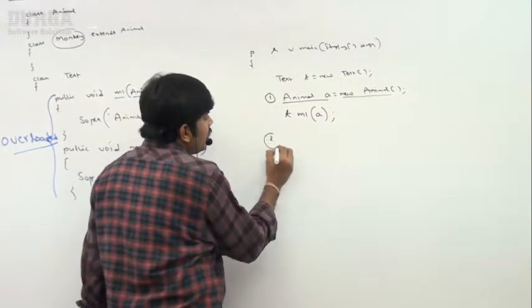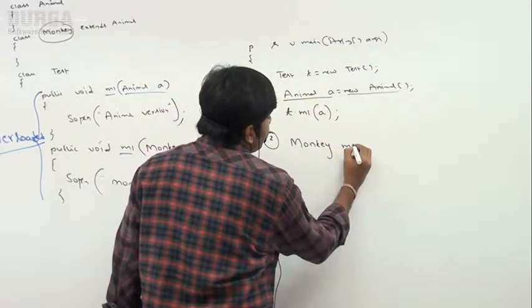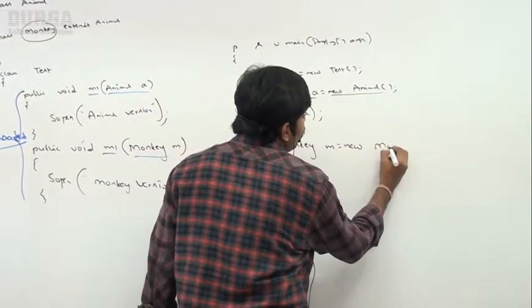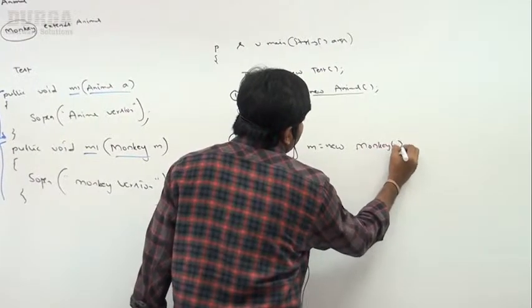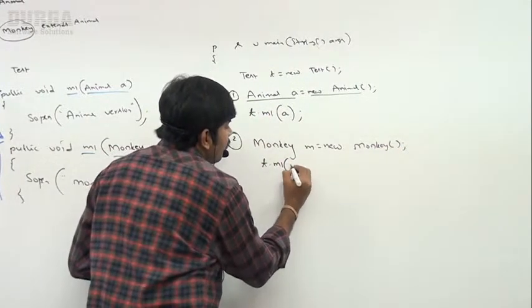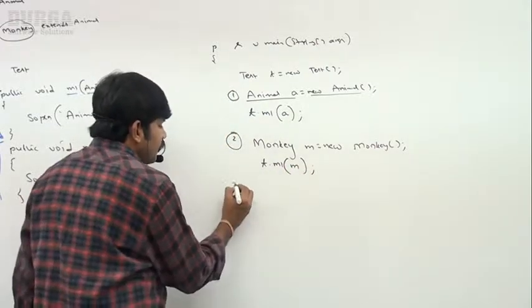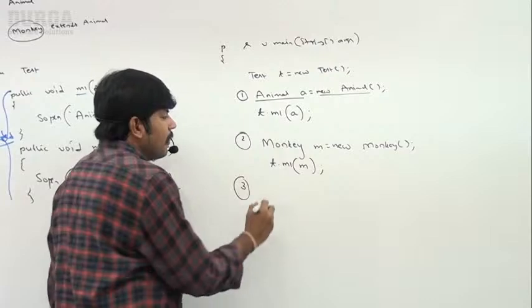Second, can you please observe? Monkey m = new Monkey(); t.M1(m). Next, the third one.